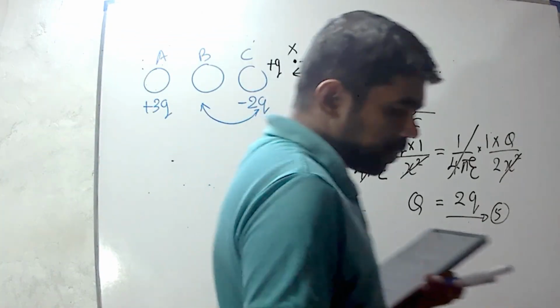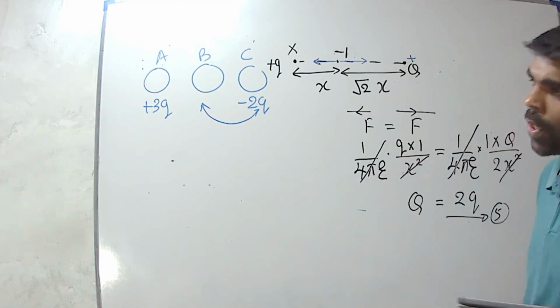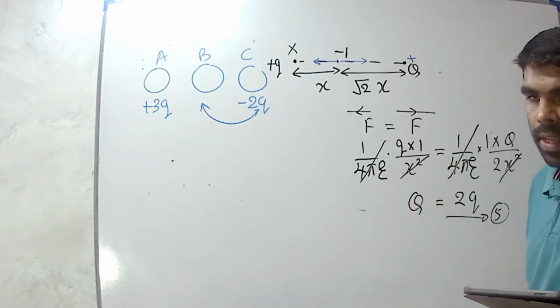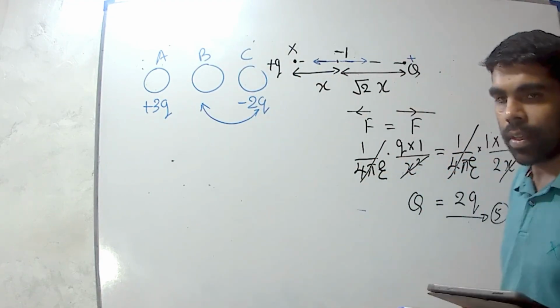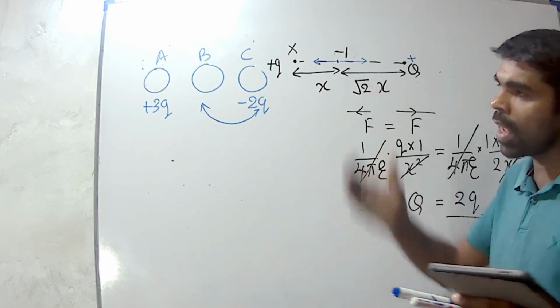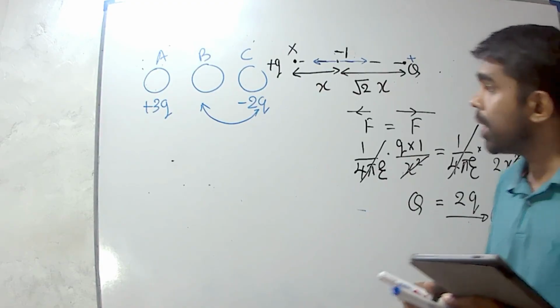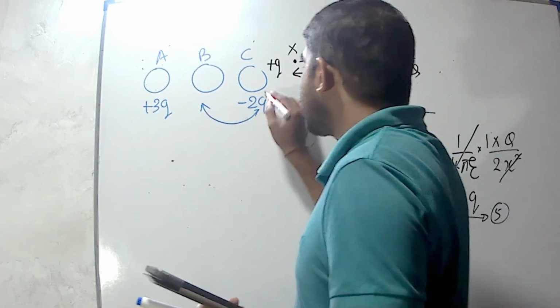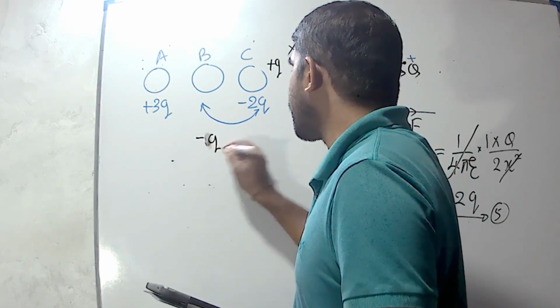And finally, potential will be the same. We know that potential of a sphere depends on its charge and radius. Radius means size. Now there are identical spheres. Then this charge is spread equally. Minus q and minus q.